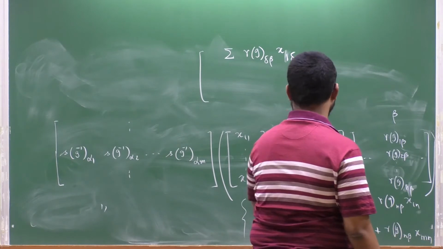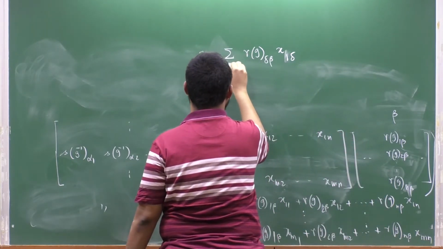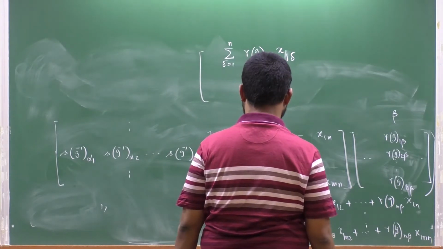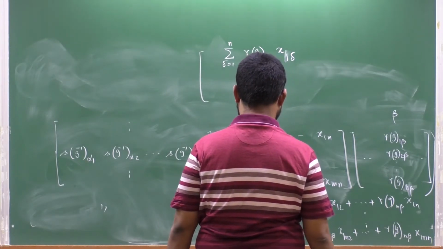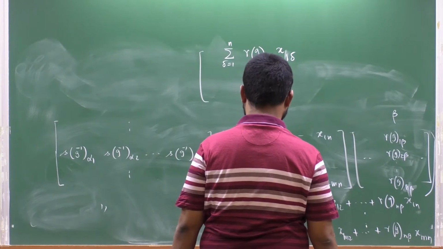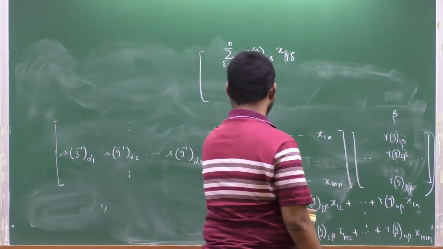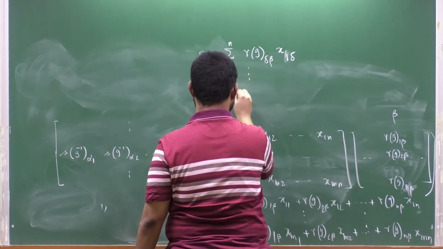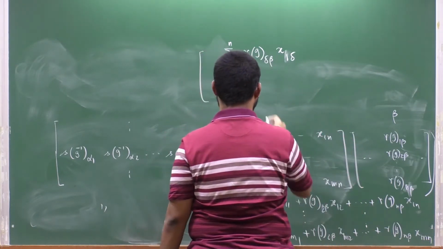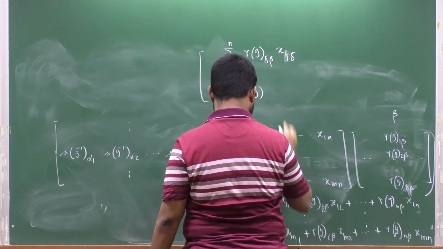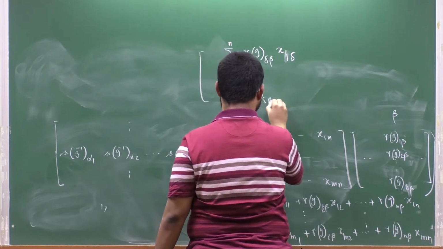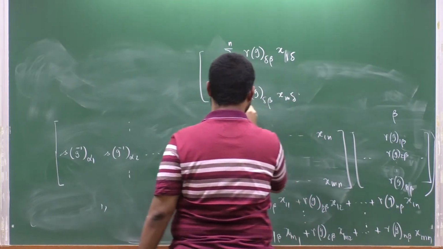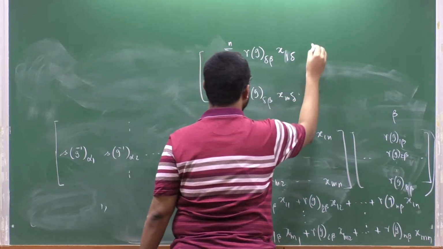So delta from 1 up to n, Rg delta beta x 1 delta, then for the second, delta from 1 to n, and similarly Rg delta beta x m delta, where delta runs over 1 up to n.